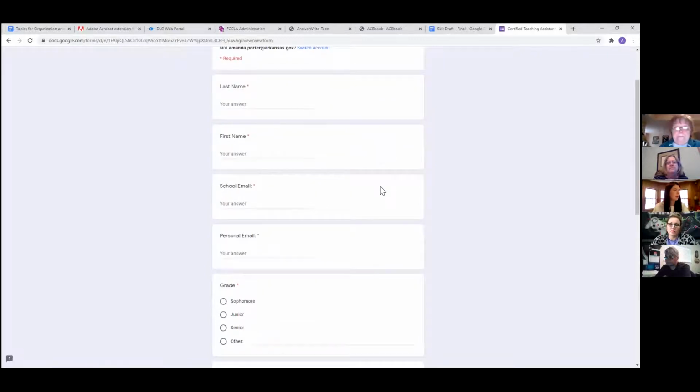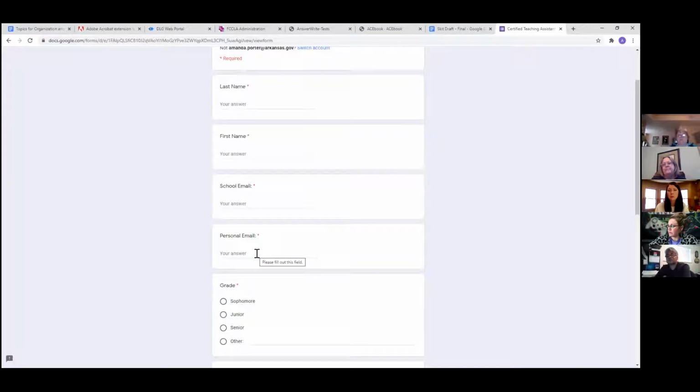One thing that we want you to pay close attention to when you're preparing your students to fill out this application is that they are going to put in their school email address, but they also have to have a personal email address. The reason for that is because a lot of times when the certification is sent back to them, you know how it works, sometimes the students can't get outside emails.